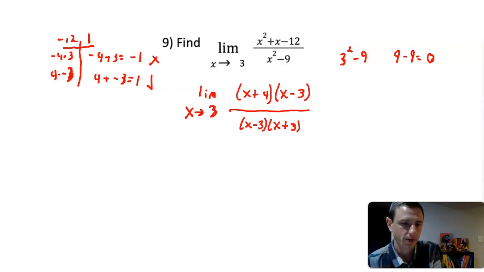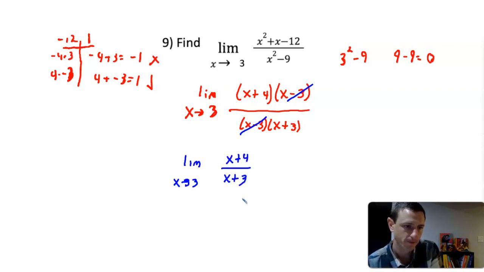And then what ends up happening is our x minus 3's will drop out, leaving us with the limit as x approaches 3 of (x plus 4) over (x plus 3). And then we evaluate the limit as x approaches 3.